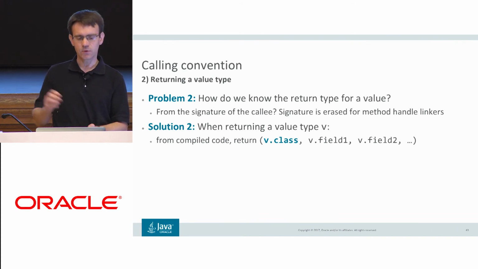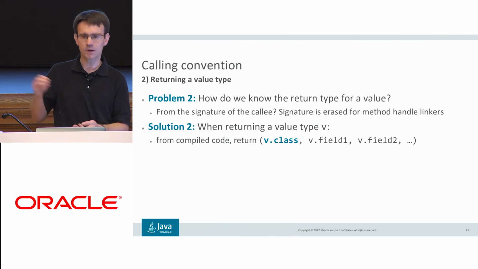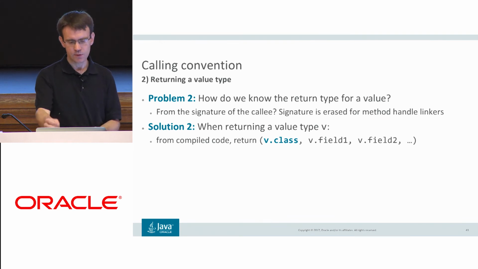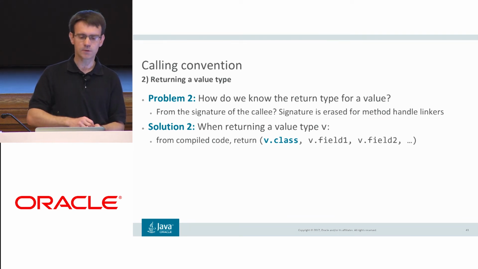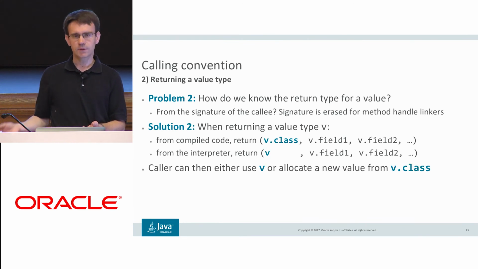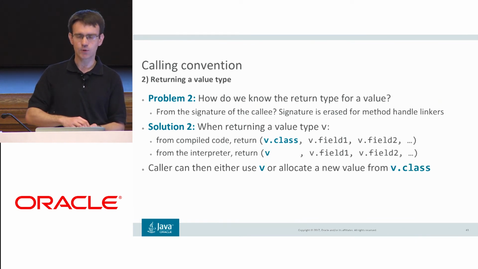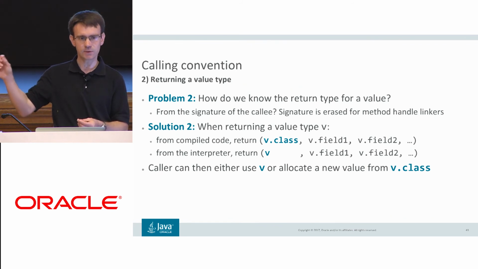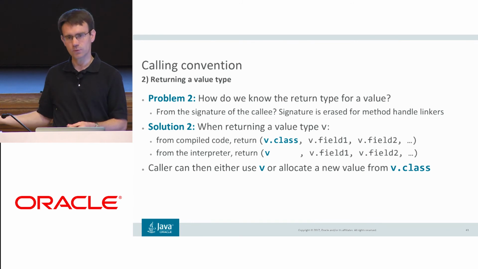When we're returning from compiled code, the first thing we find in registers is a pointer to the class of the value type being returned. With this class pointer, the interpreter can rebuild the value type. When we are returning from interpreted code, the first argument is in fact the indirection to the already existing allocated value type, because if we are returning to the interpreter, we can avoid creating a new value type.